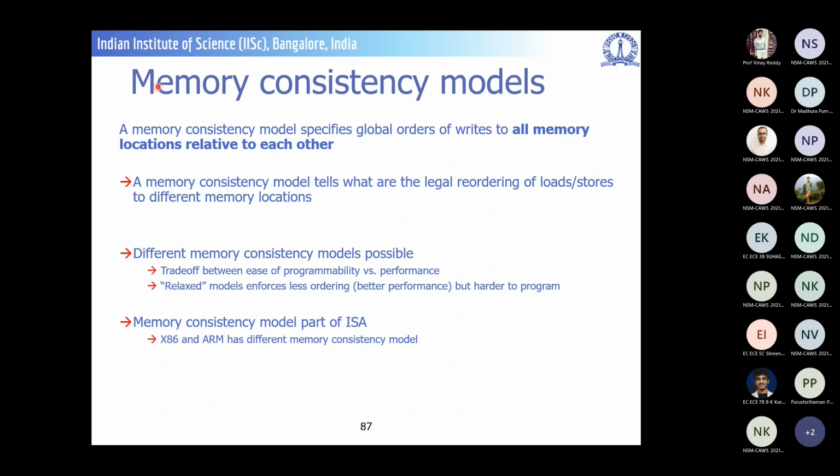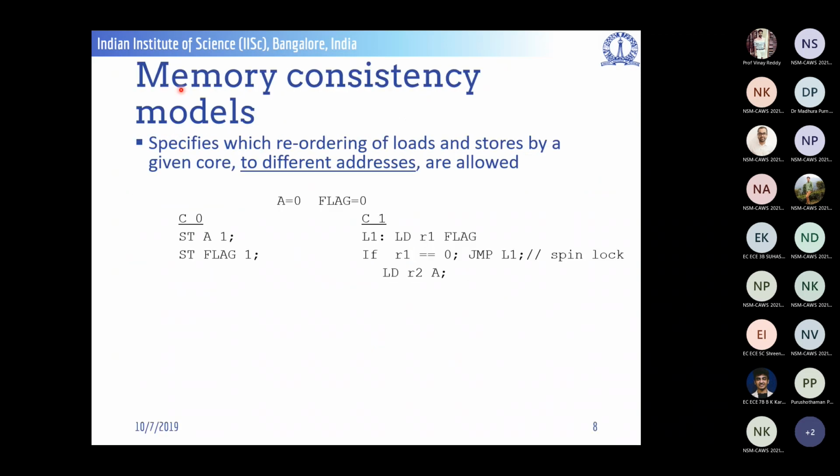So now, with that background, let's get back to the example that we were taking. This particular piece of multi-threaded program would always return R2 equal to 1.